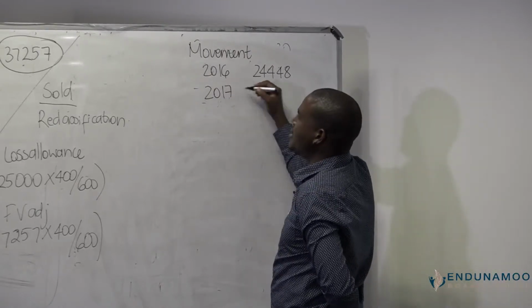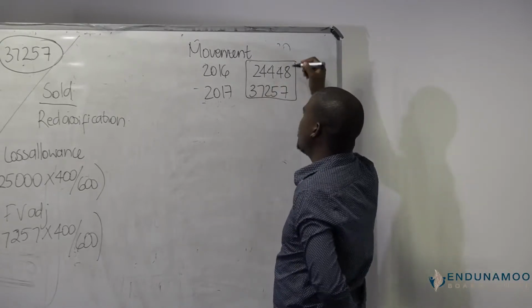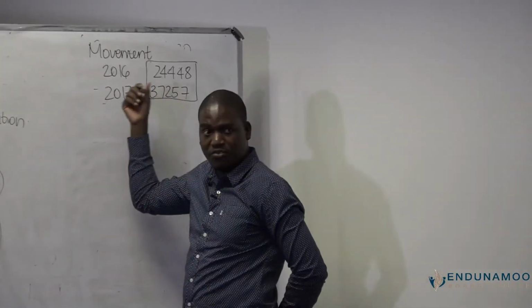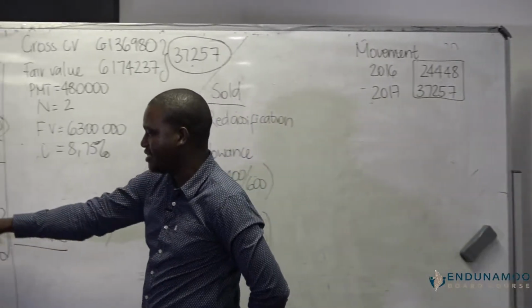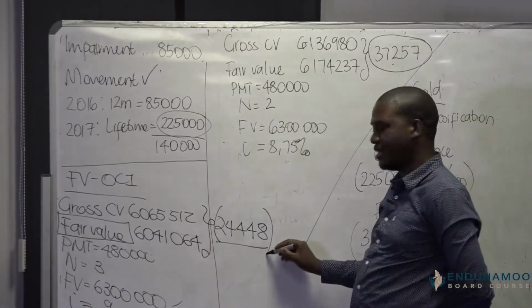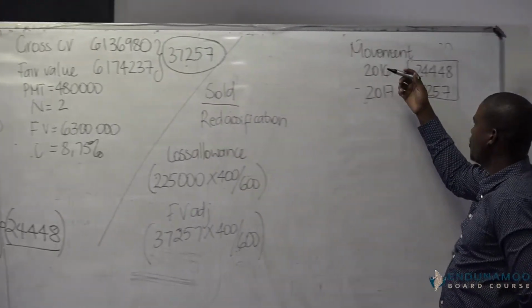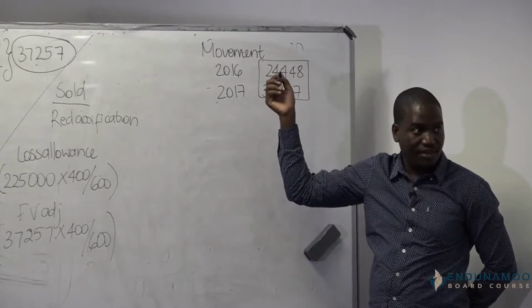Compared to the 2017 37257, if we're required to show the OCI. The difference between the two will be the movement. In this case, the fair value was going down, so this one has a negative balance, and here it was a positive, so this will be a positive. So these two will be added up to give you the movement for the year.